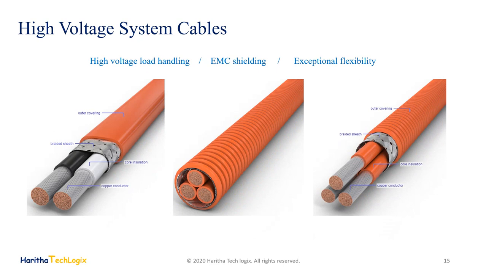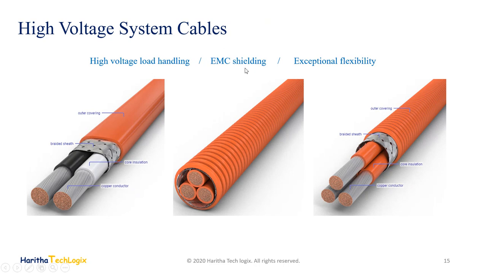High voltage cables. Another important key component of the electric vehicle is the high voltage cables. Electric vehicles use high voltage cables, which differ from a conventional cable used in the automotive industry. The high voltage cables should have a very high load handling capability.